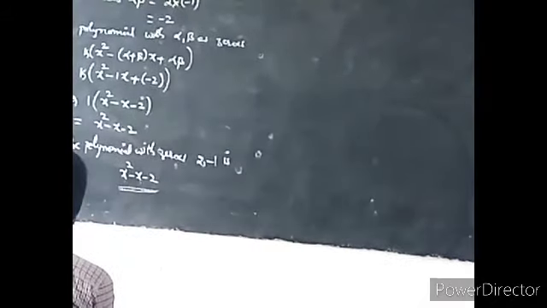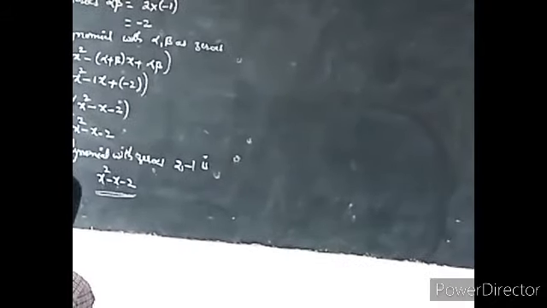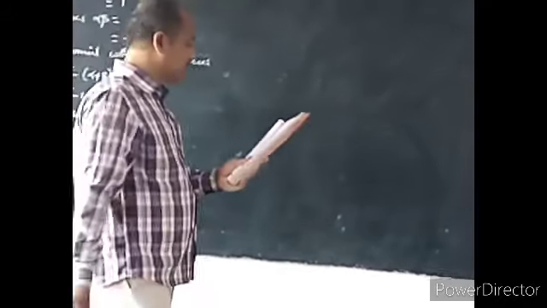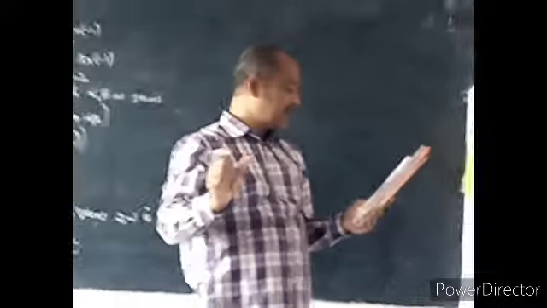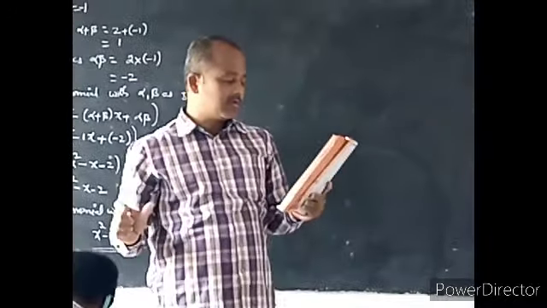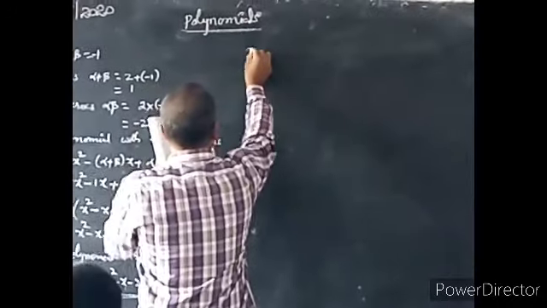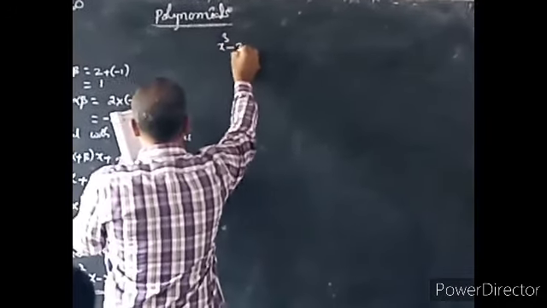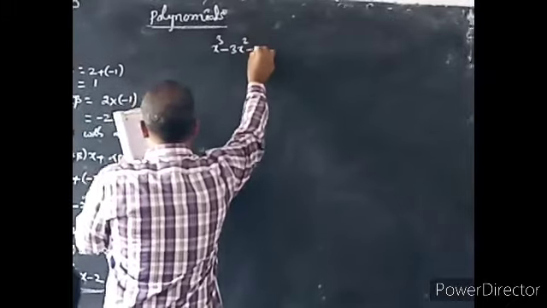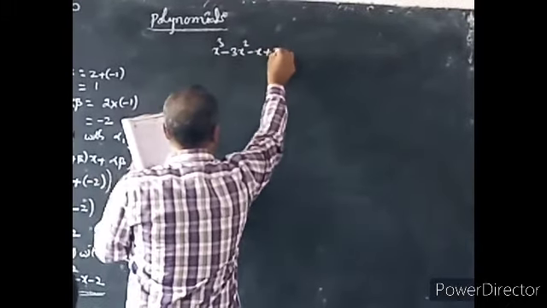Okay? In the next, only last one, a cubic polynomial is given. Verify that 1, minus 1 and 3 are the zeros of the cubic polynomial x cubed minus 3x square minus x plus 3.